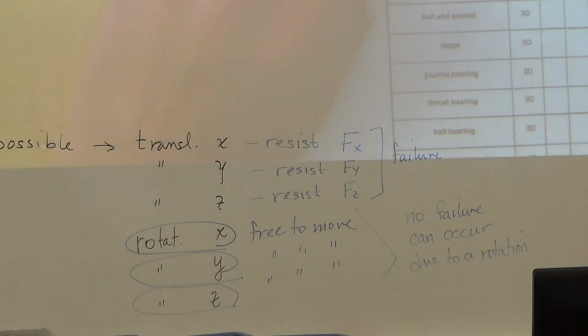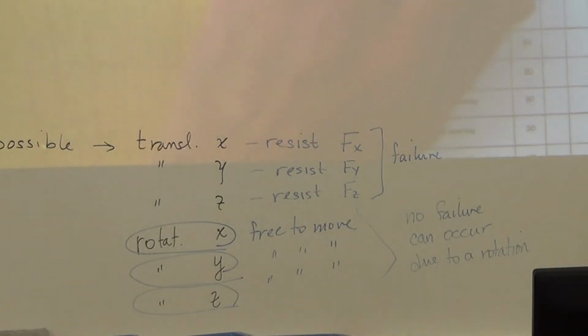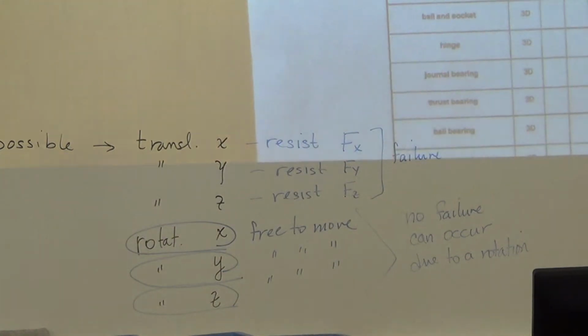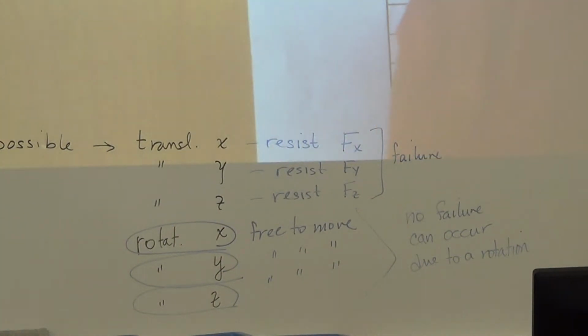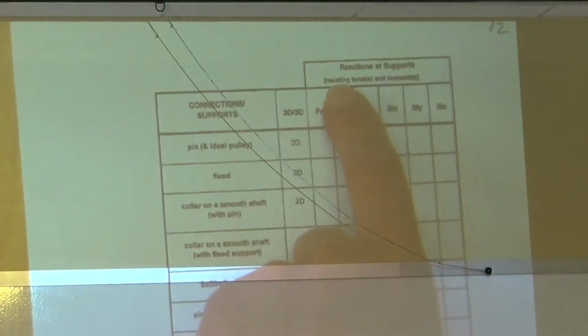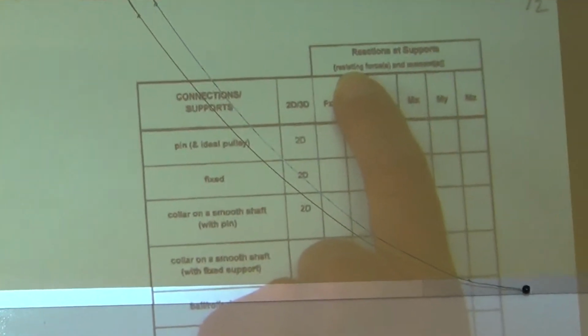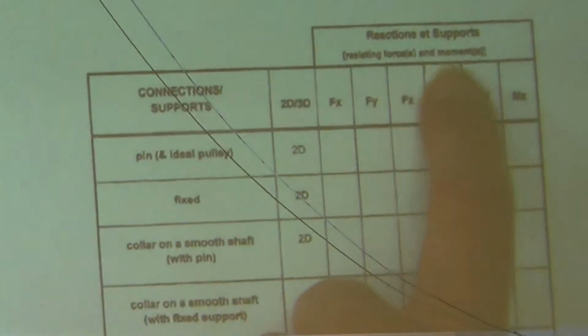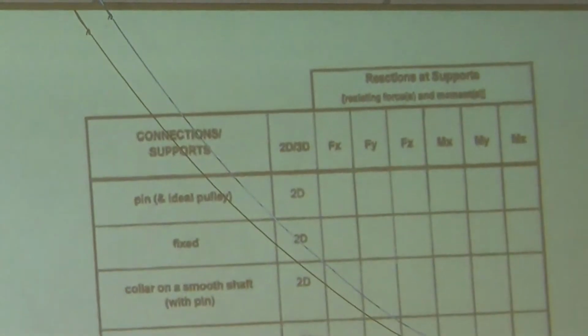It says for each connection or support, whether they're considered 2D or 3D, and we're going to see sketches of each one of them. Then on the top, it says, what are the reactions at support? I haven't introduced what that term means, but it means what forces or moments it can resist. Everybody hear that? So reactions at supports are the forces and the moments that it can resist.